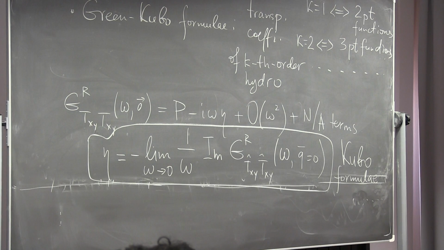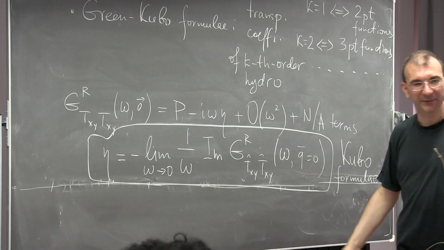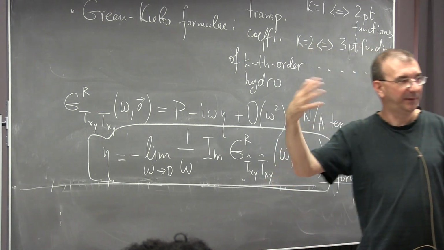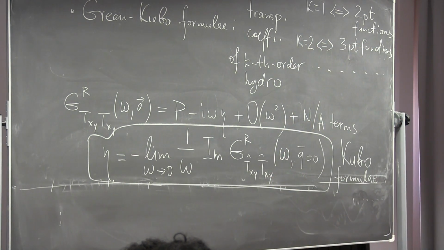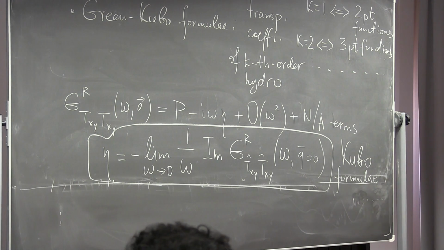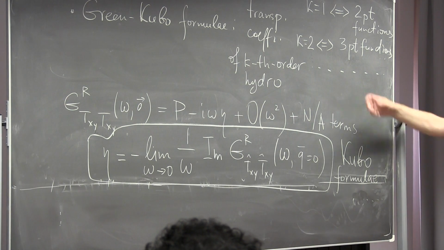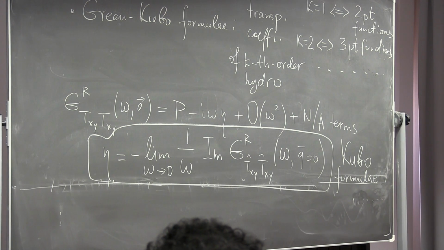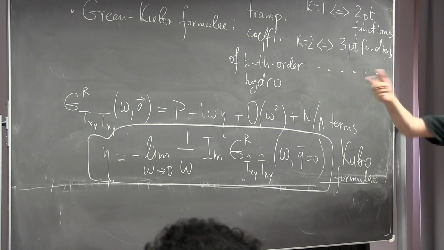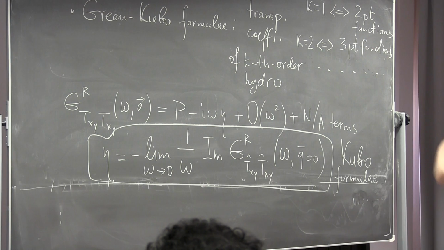Nobody did it beyond this line, but the suspicion is that in fact you can write down something sufficiently generic, and for the kth order in hydro, transport coefficients will all be related through the k+1 point functions of relevant operators, such as T mu nu. Okay, this has not been done, but for this it's known.